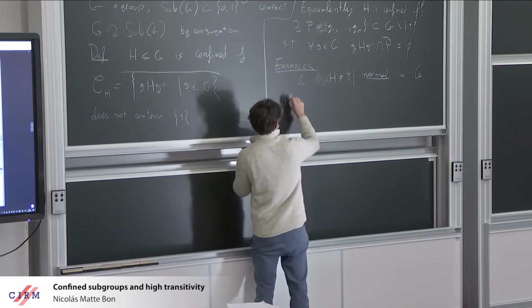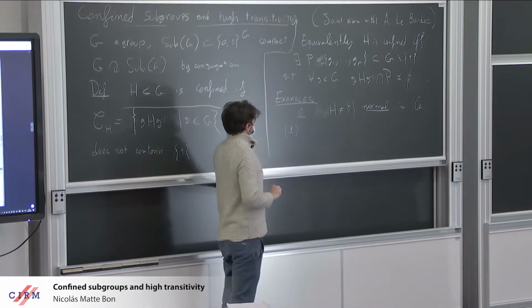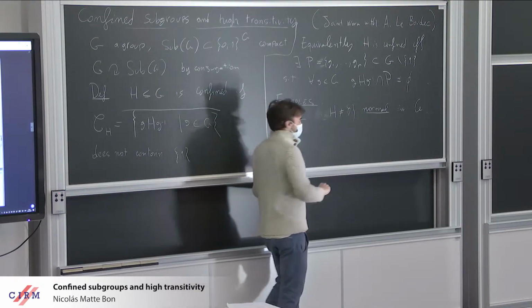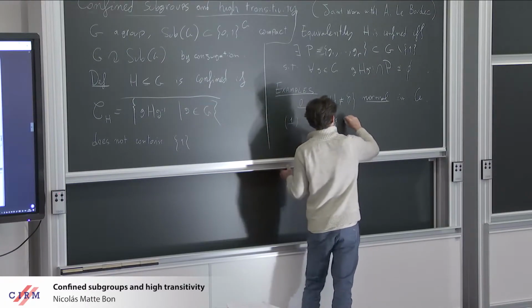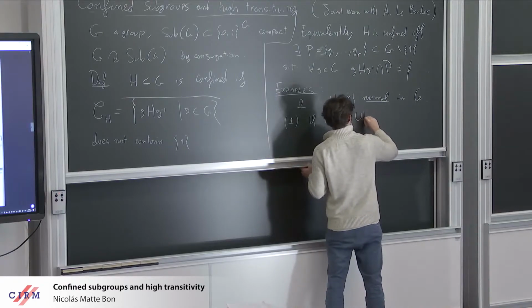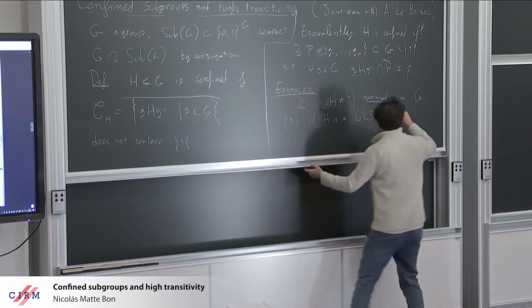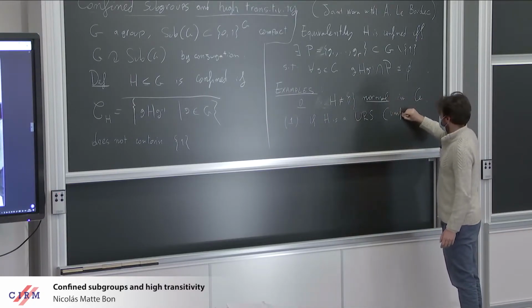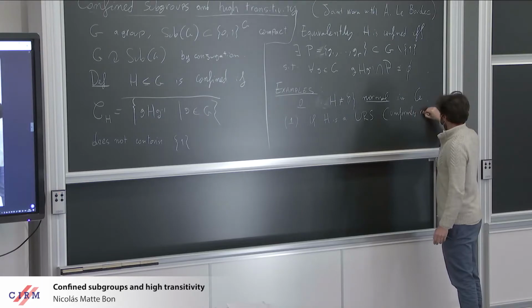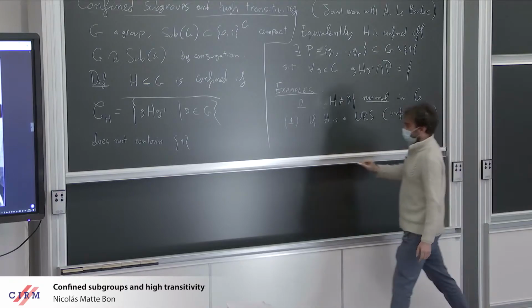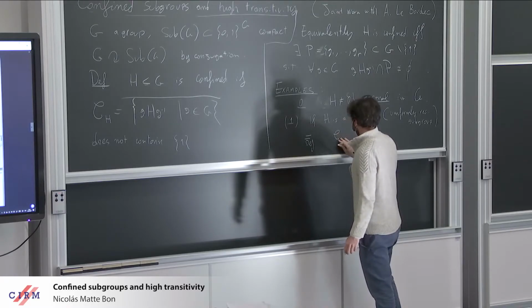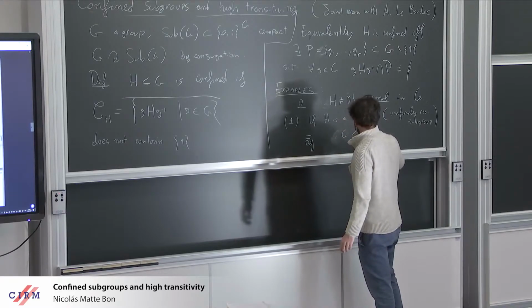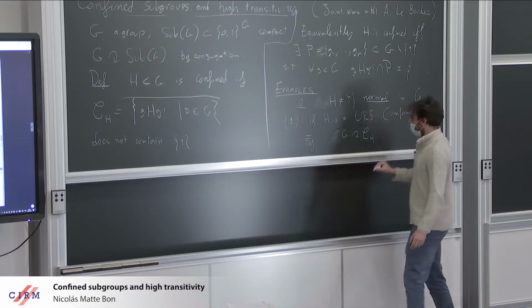Another example, which is a tightly related notion and maybe better known, is if H is a uniformly recurrent subgroup, URS, which by definition means that the action of G on the closure of the orbit of H, the C(H) which is there, is minimal.